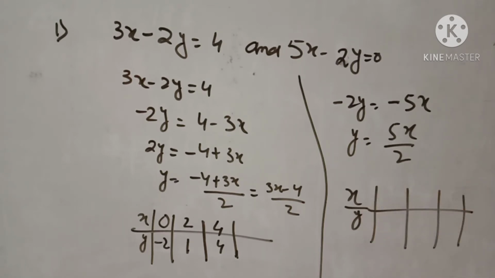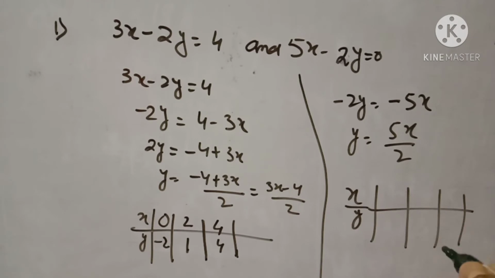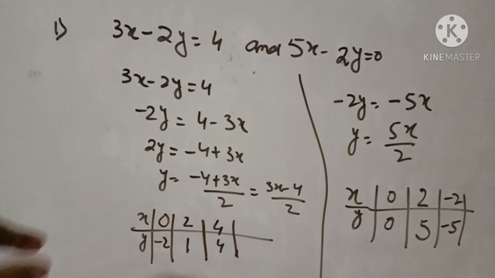If I take x equal to 0, it will come 0. If I take 2, it will come 5. If I take minus 2, it will come minus 5. So I have taken the values for the two equations, and different points have come.